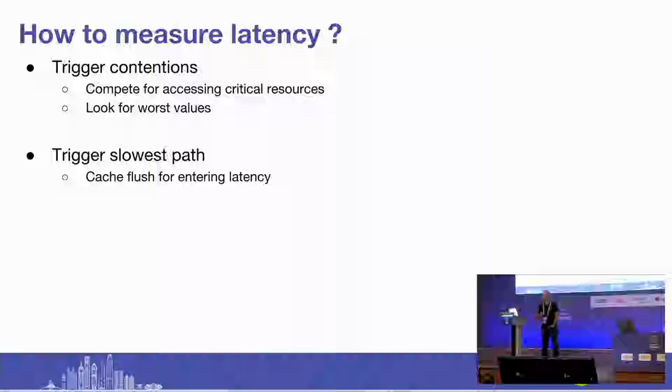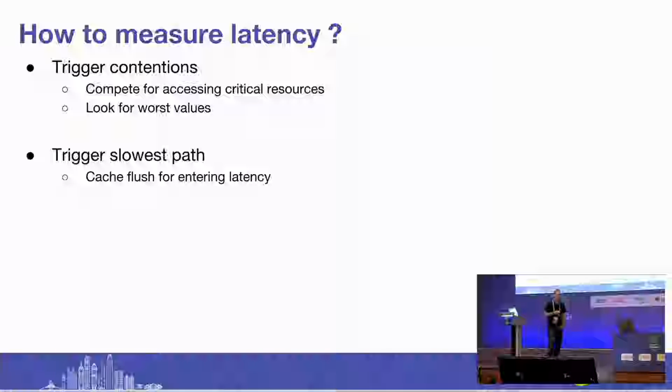So how do we measure the latency? The goal for us is to look for the worst value. So we need to trigger all the possible contention when we are doing the measurement and make sure that the CPUs compete for access to all the critical resources in the path. If you have any software lock or hardware lock that is shared between the CPUs, the goal is to make sure that all the CPUs try to access it at the same time, so they have to wait for each other to get access.